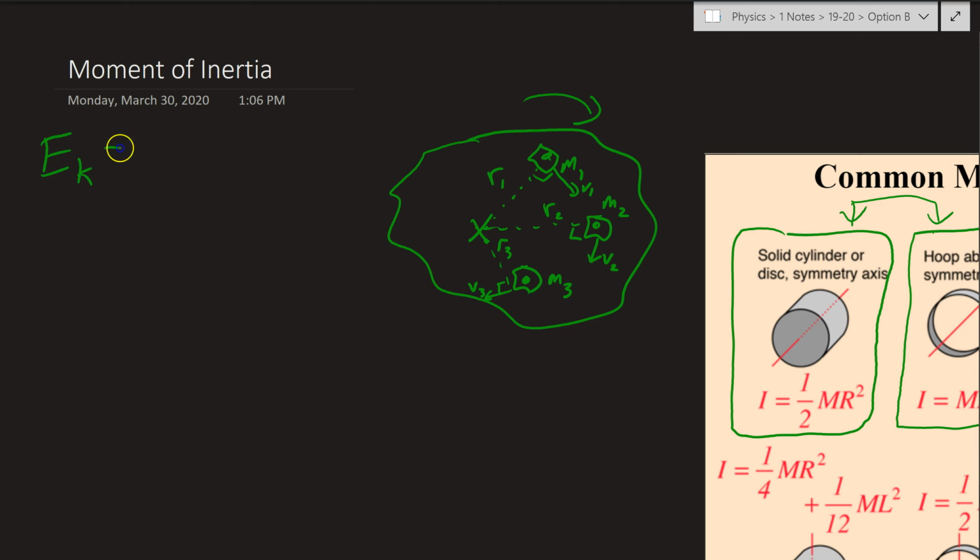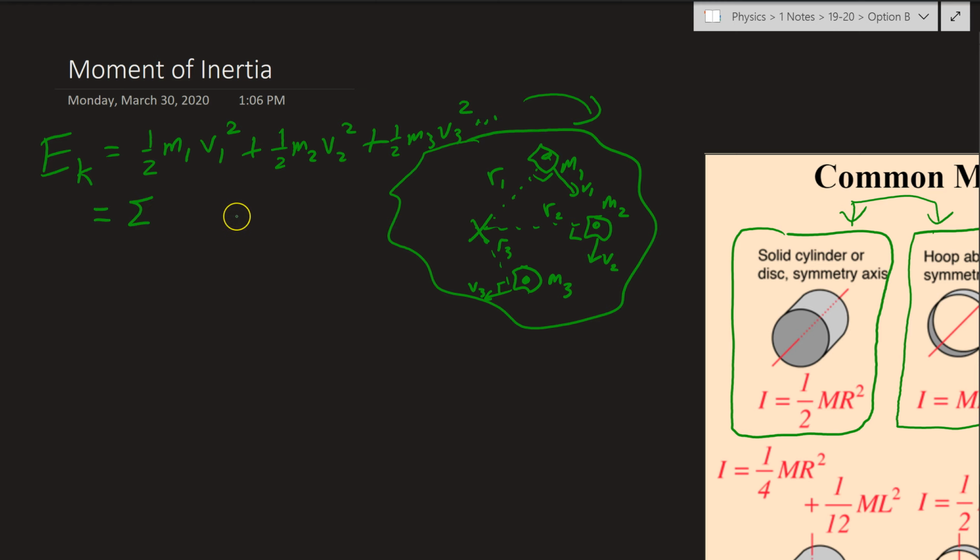So EK would be 1/2 times the mass of chunk 1, 1/2 m1 v1 squared, plus 1/2 m2 v2 squared, plus 1/2 m3 v3 squared, and you just keep doing this, dot, dot, dot, until you get the entire object cut up into chunks.